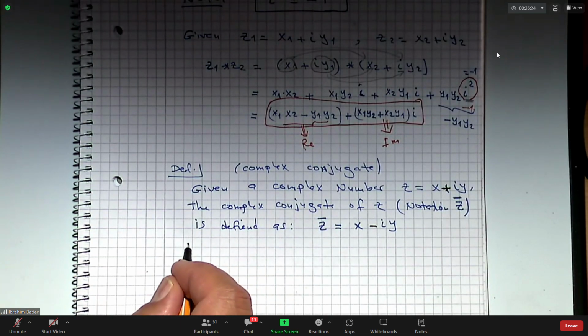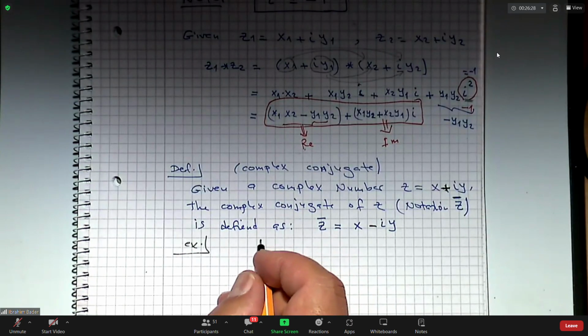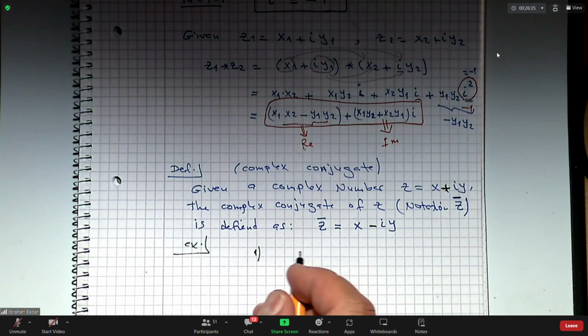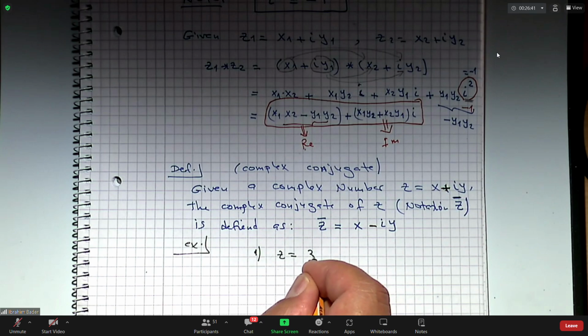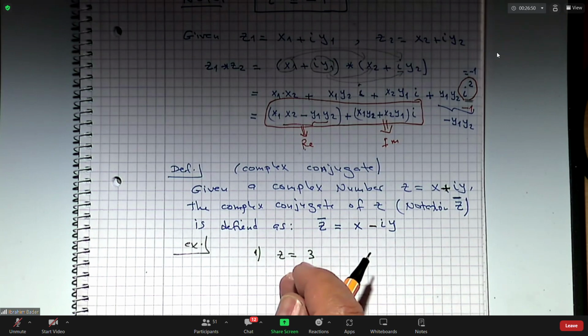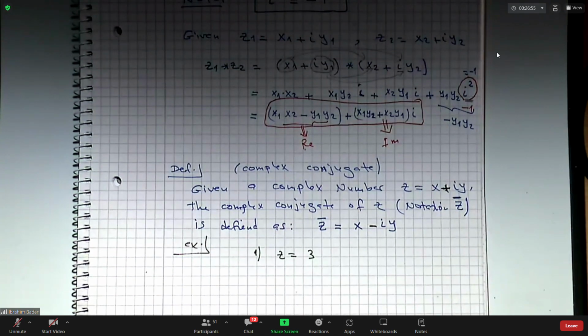Let's see some examples. Let's start with a very simple example: find the conjugate. Z equals the number 3. Is it a complex number? It's real, but by definition all real numbers are complex, because complex numbers are an expansion.